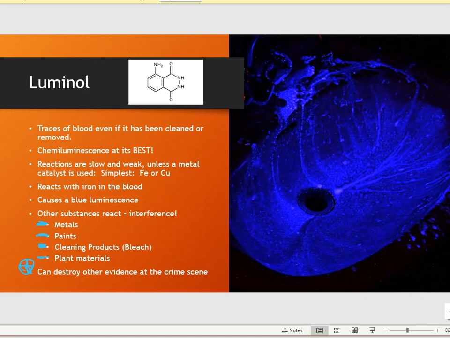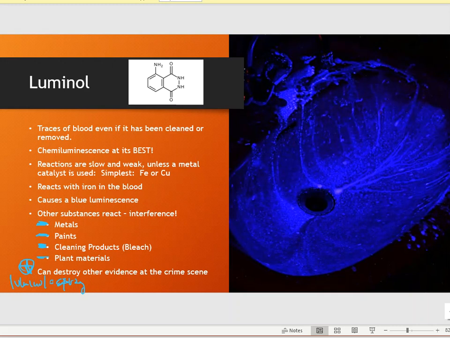The problem here is that with luminol, you've got to be very careful. Here at the bottom, I've said it can destroy other evidence at a crime scene, and people can get careless with luminol. You are going to have to spray this onto the sample, and as you're spraying it, you run the chance of diluting that stain, and that stain can actually spread and do other things, and maybe that's not what you want.